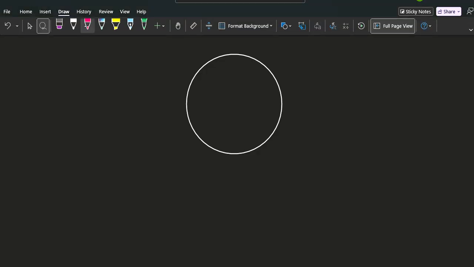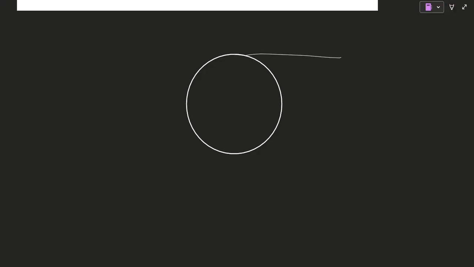Suppose this is the circle and a thread is there which I am pulling. Here's the thread I am pulling with velocity u, and that is constant as mentioned in the question.